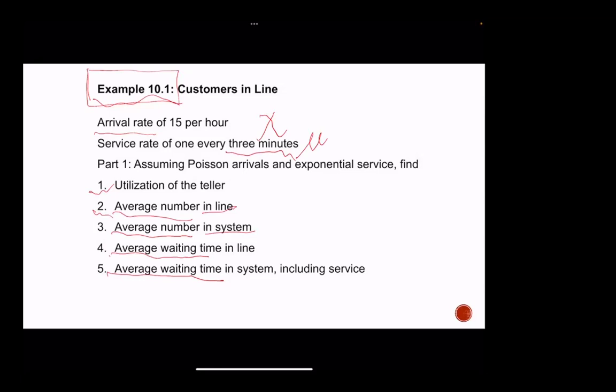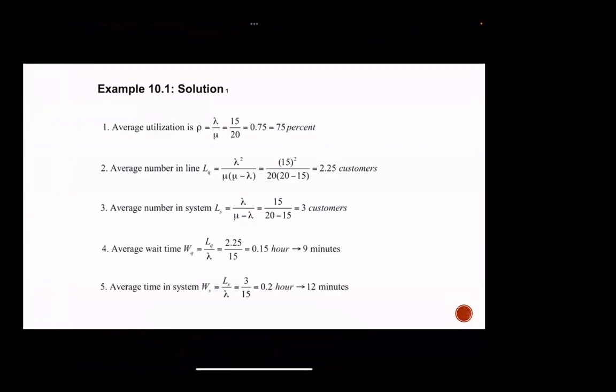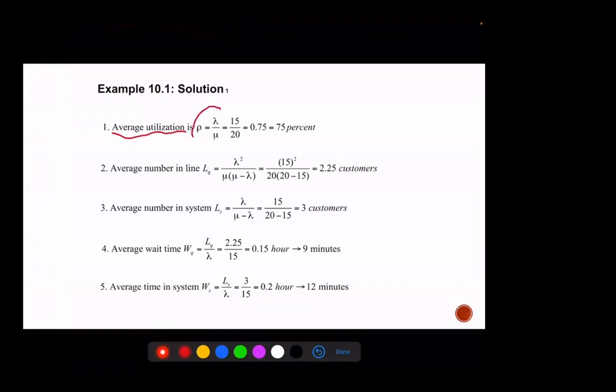So for the utilization, it's only, okay, so just give me a second because it doesn't show all of the contents. Let me change it. Yes, okay, we got it. So for the average utilization, this is how we calculate it. So it equals to lambda 2 mu.